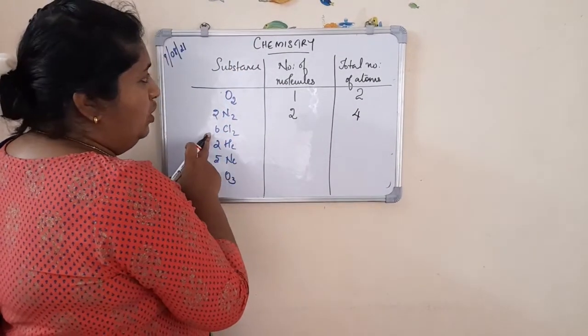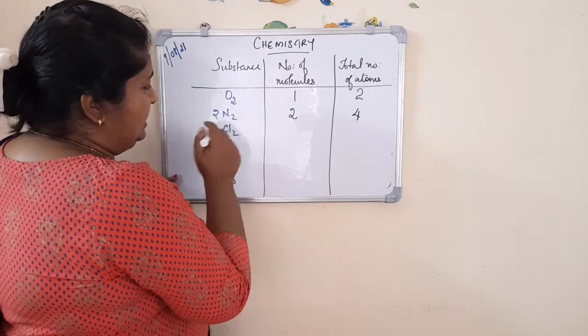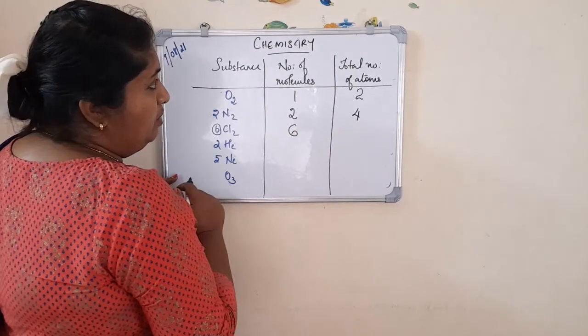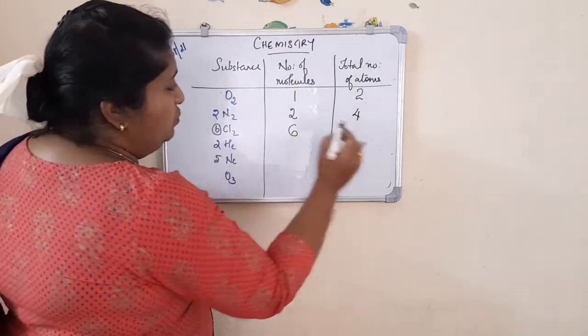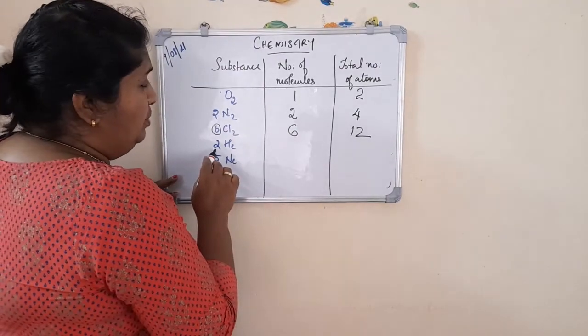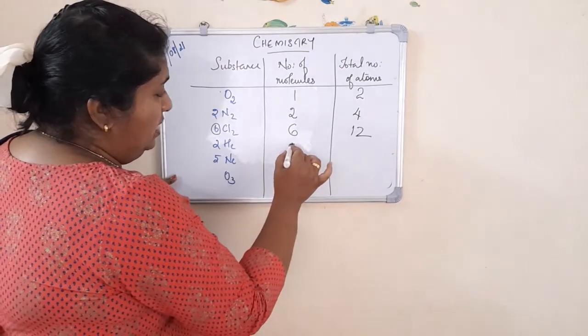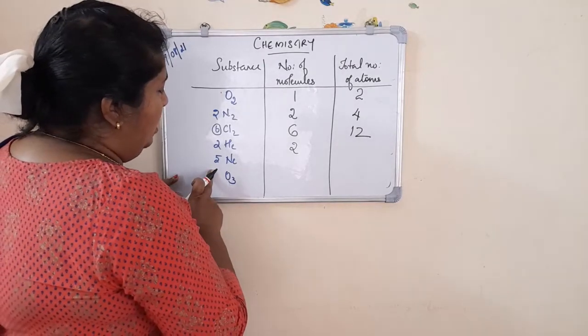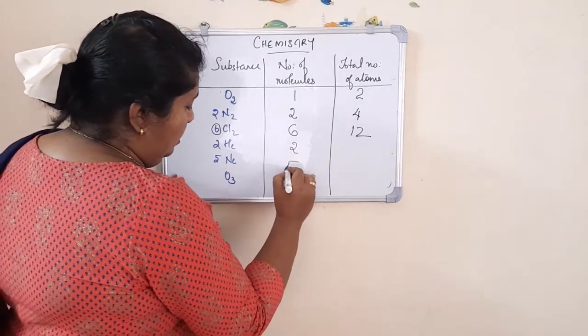Here how many chlorine molecules? 6, isn't it? 6 chlorine molecules. How many number of atoms? 6 into 2, 12. Here how many molecules of helium? 2. Here how many molecules of neon? 5.